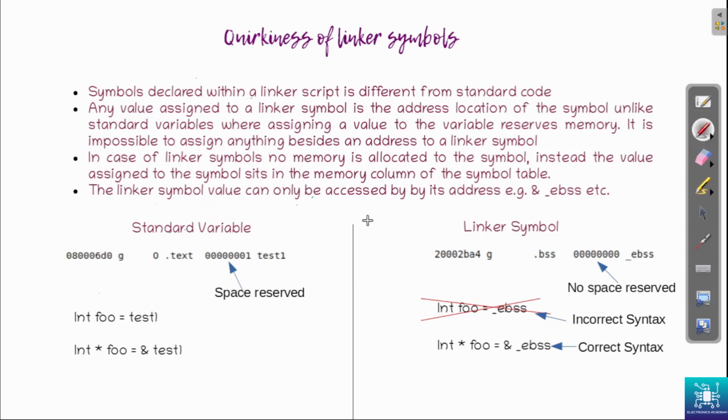We just declare the variable directly. That is, we just do underscore, say, data equal to dot. Whatever we declare here with an underscore is not a variable. It is actually a pointer. So when we declare that in C, actually in our code, we have to use this kind of syntax.